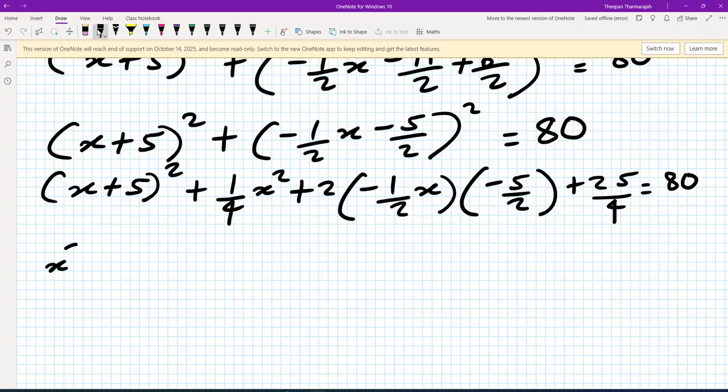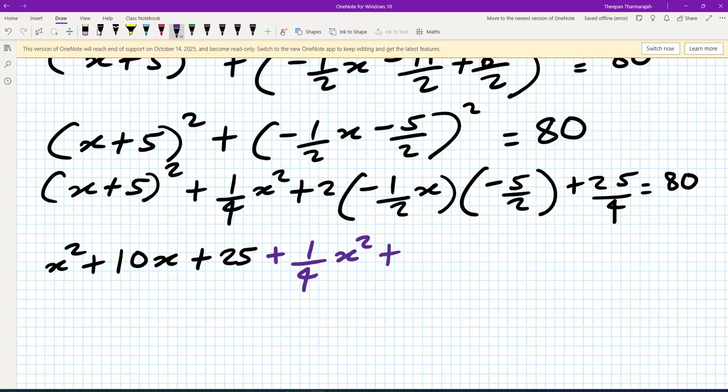So we get x squared plus 10x plus 25 plus a quarter x squared, and the minus and the minus cancel out, so minus and minus is a plus, so I get a plus.